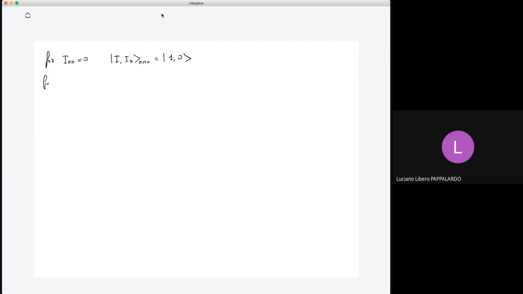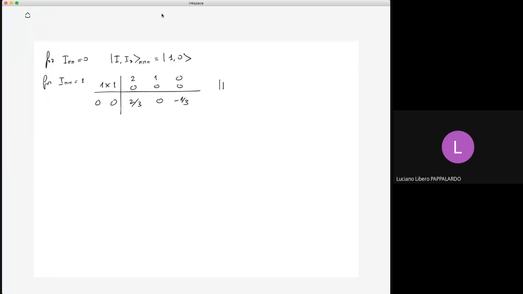Now, for the case of I pi pi equal 1, we have 3 possibilities for the 3 pion system. So we again have to take the proper Clebsch-Gordan coefficients. The table that we need is this one: 1 times 1, 0, 0, 2, 1, 0, 0, 0, 0, and you will find 2/3, 0, and minus 1/3.